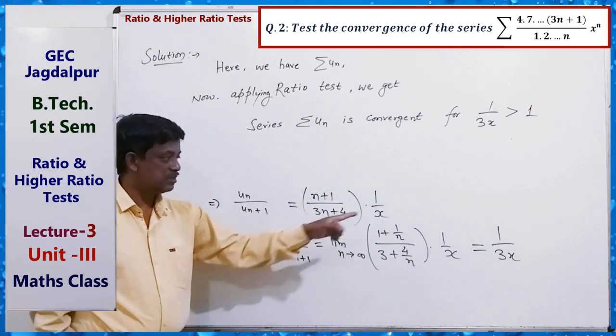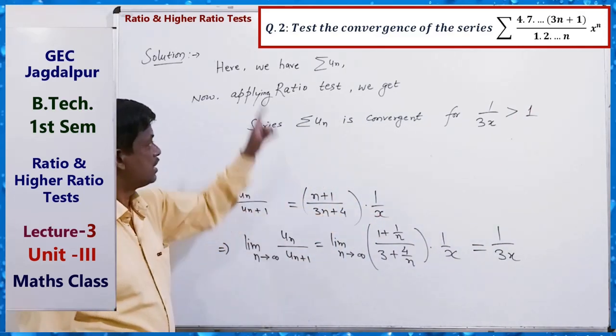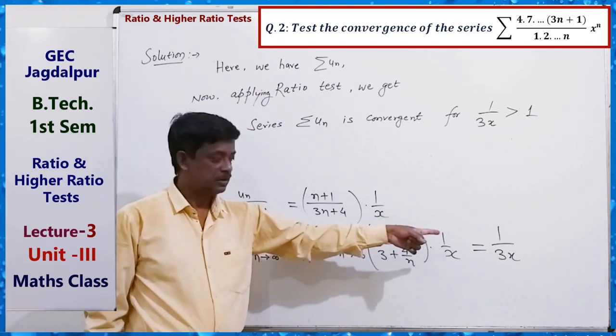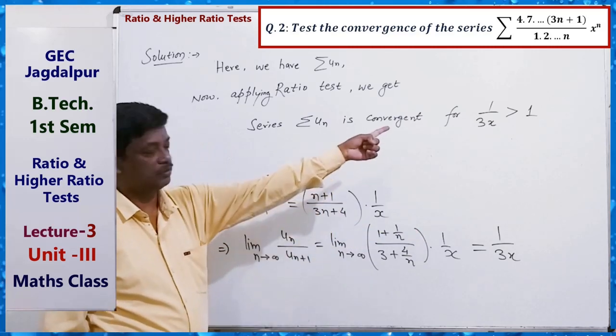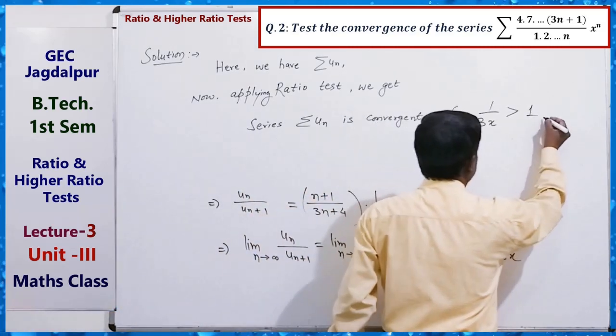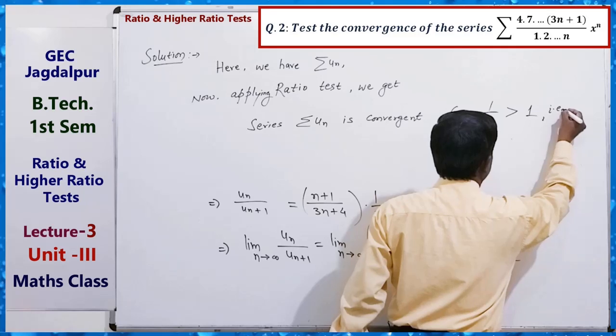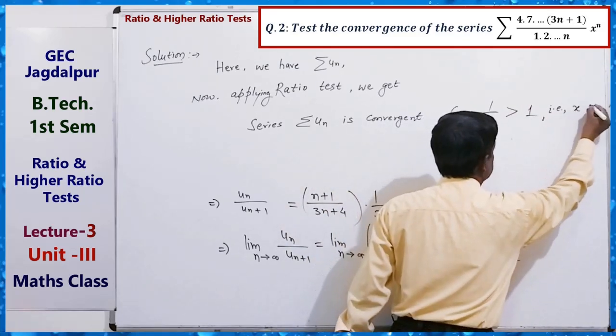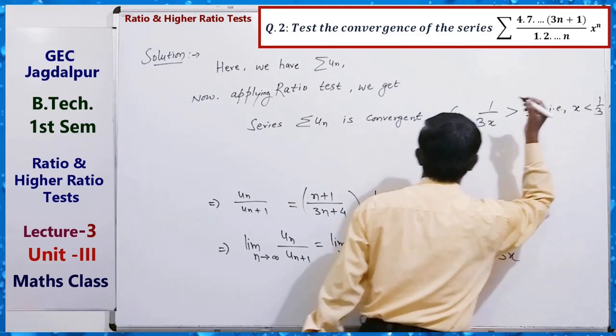Its limit is 1 by 3x. So by the ratio test, if this limit is greater than 1, it is convergent. That is, here we can write x less than 1 by 3. x less than 1 by 3.